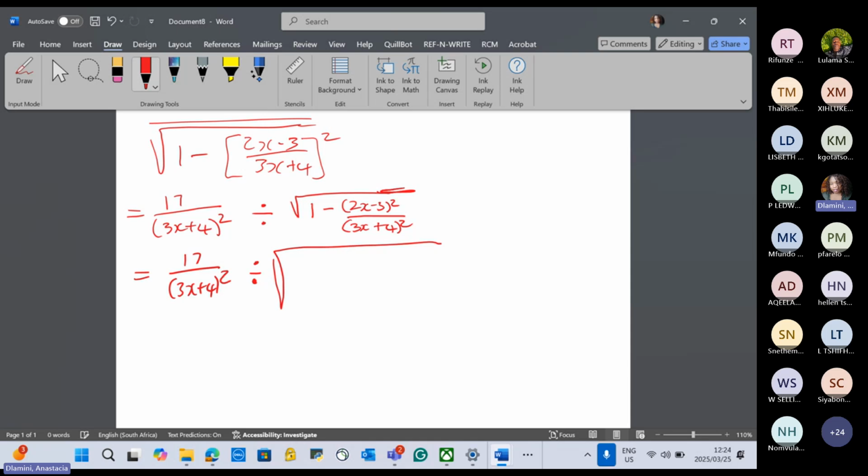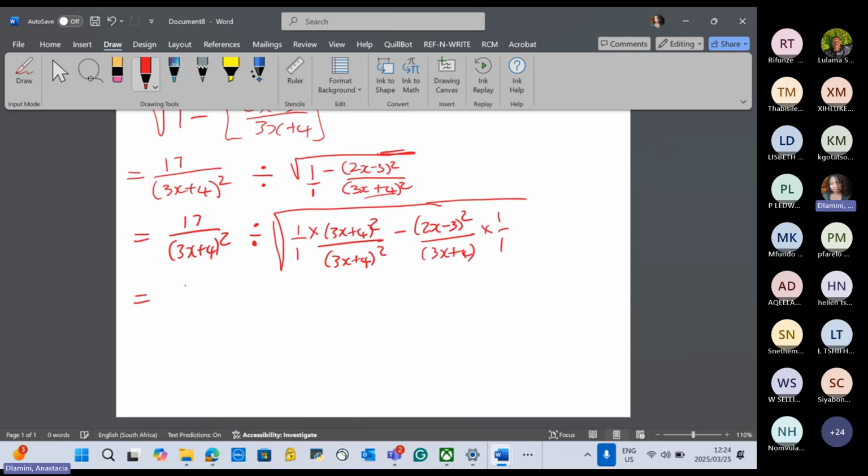We know this is 1 over 1. Then you multiply by this denominator, which is 3x plus 4 squared over 3x plus 4 squared minus 2x minus 3 squared over 3x plus 4, then multiply by 1 over 1.